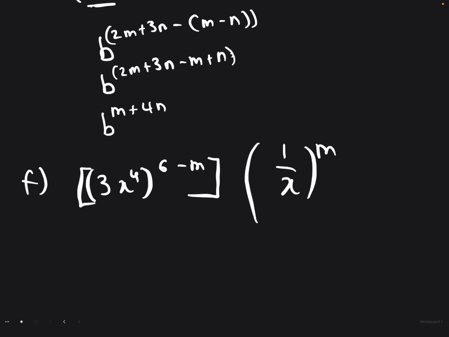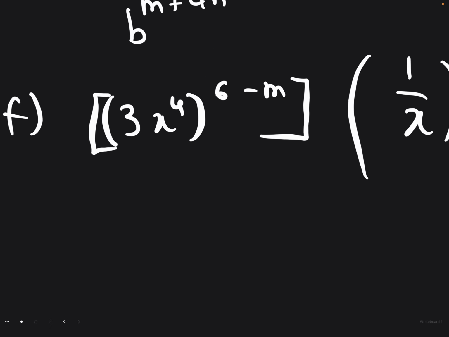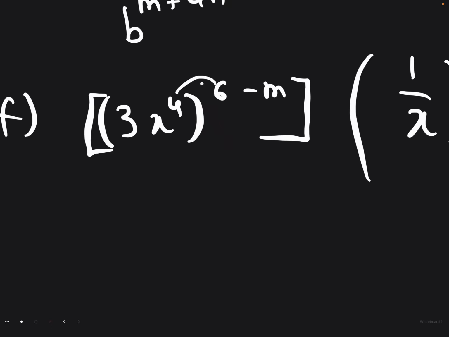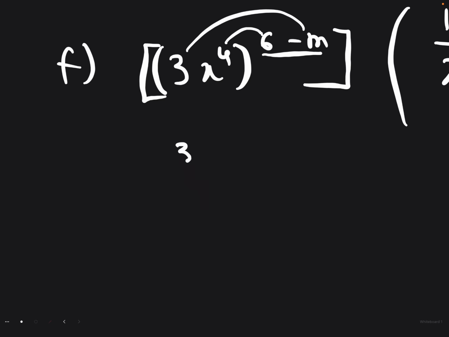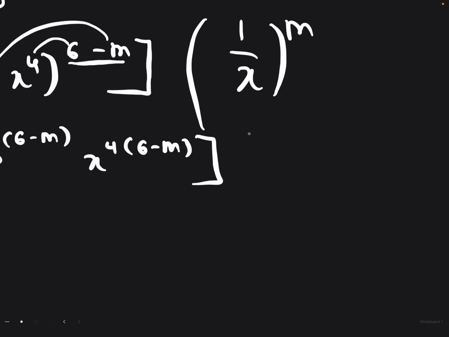Now we will start solving this question. So we would actually first open this up. We would multiply it in here, which would make it 3 raised to 6 minus m, and x raised to 4 times 6 minus m, then a bracket with 1 raised to m and x raised to m.